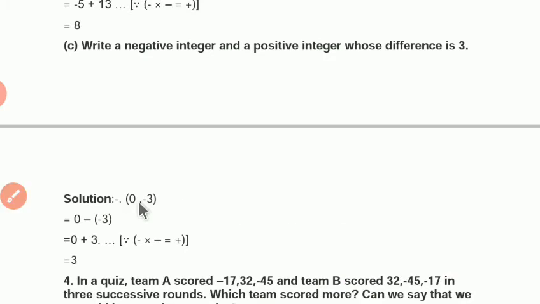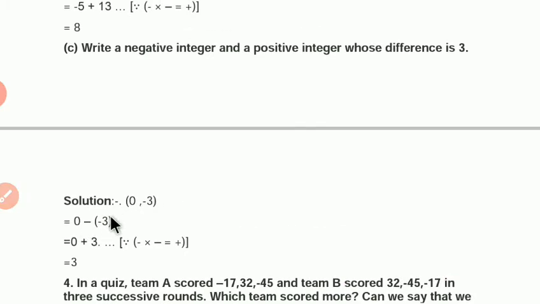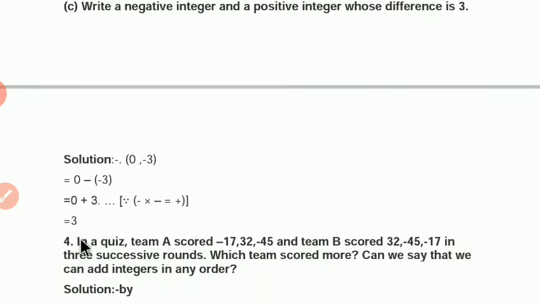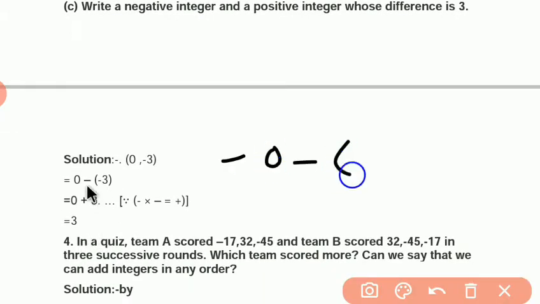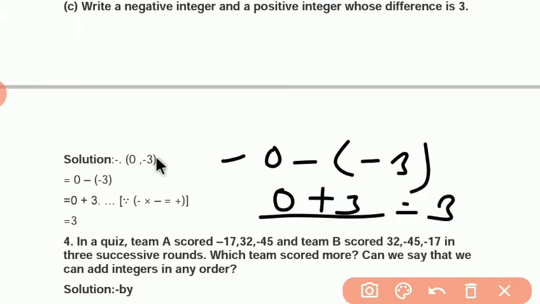And now we have to find the difference. Difference means minus. So 0 minus -3. We know that minus into minus is plus. So 0 plus 3, which is equal to 3.